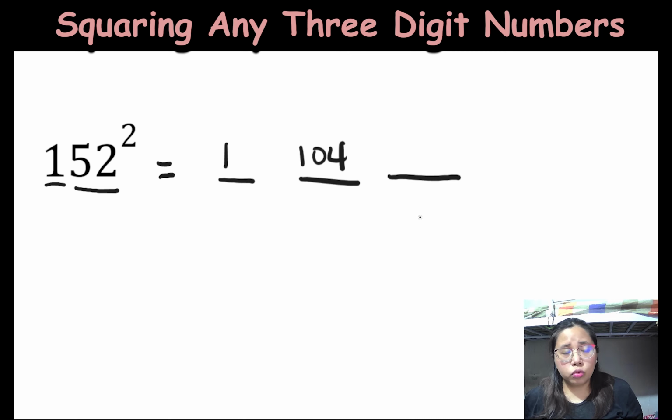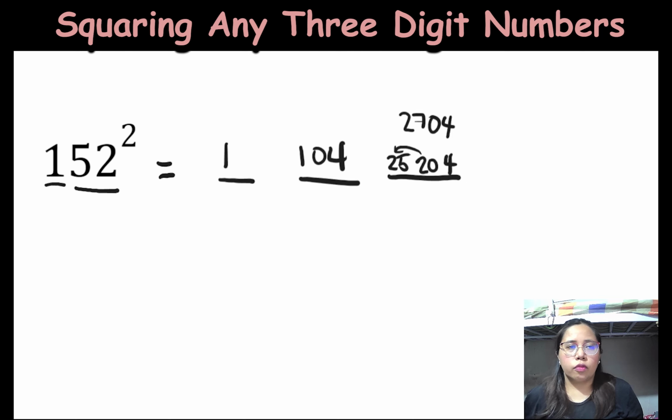So, that's 52. Tandaan ulit natin yung ating technique. So, 5 square is 25. And then, 5 times 2, 10, times 2, that's 20. And then square nung last digit, that is 4. We bring down 0, carry over 2, and we get 2,704.